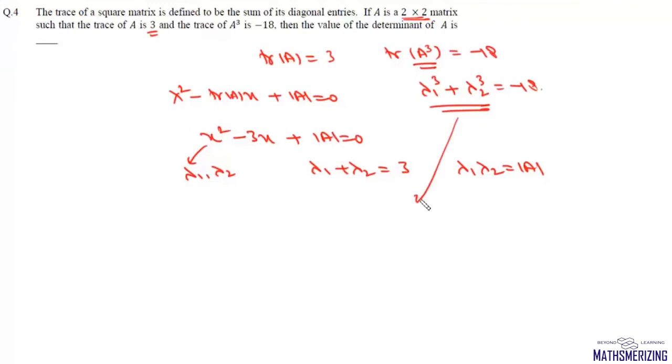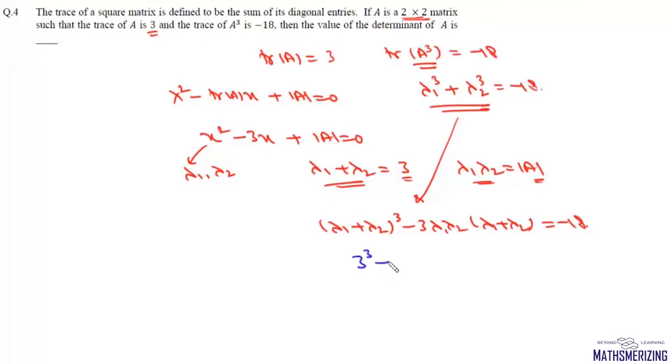Now we can express this as lambda 1 plus lambda 2 whole cube minus 3 lambda 1 lambda 2 into lambda 1 plus lambda 2, and it will be equal to minus 18. Now lambda 1 plus lambda 2 is 3 and lambda 1 into lambda 2 is determinant of A. So we can write this as 3 cube minus 3 determinant of A into 3, and it is minus 18.